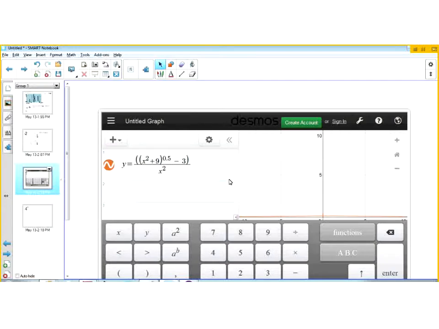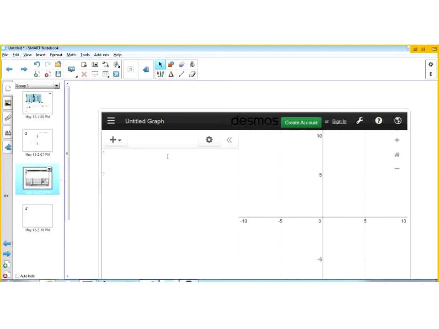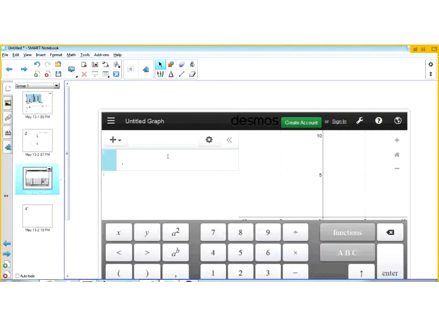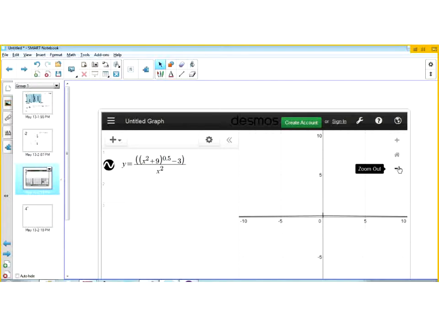Let's see. That doesn't quite work, does it? Try typing it in again. Y is equal to x squared plus 9 to the 0.5 minus 3 divided by x squared.